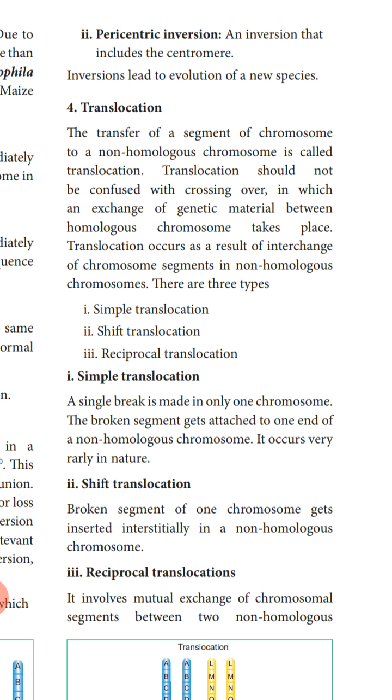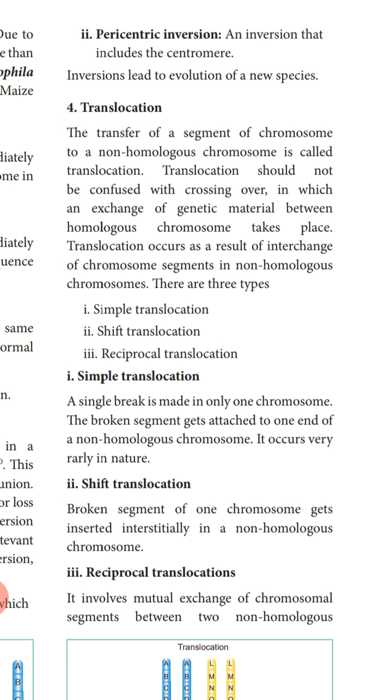A simple translocation is what? A segment of chromosome from one chromosome is getting removed and it attaches to another non-homologous chromosome. Okay, then we'll call it simple translocation. Just a segment from one chromosome is deleted or removed, and that segment goes and attaches to another chromosome which is non-homologous, then this is called simple translocation.